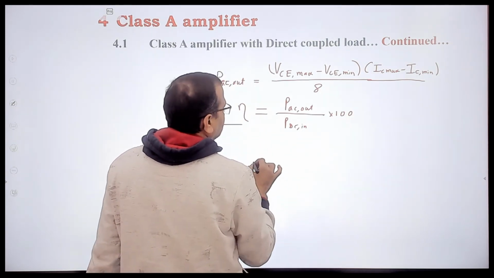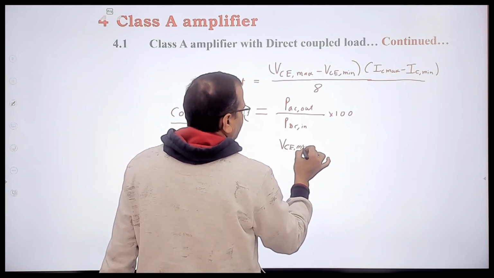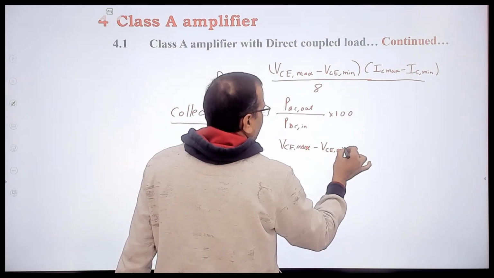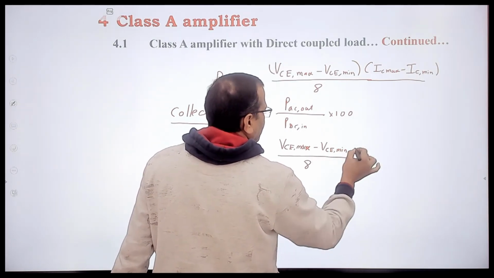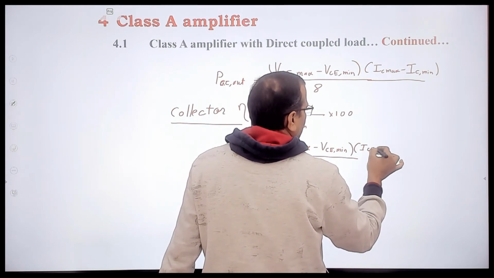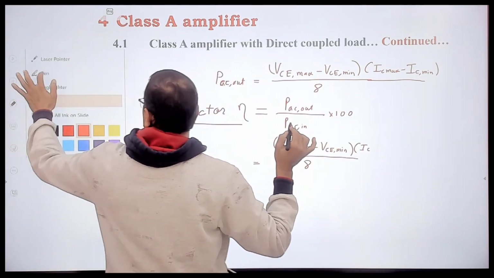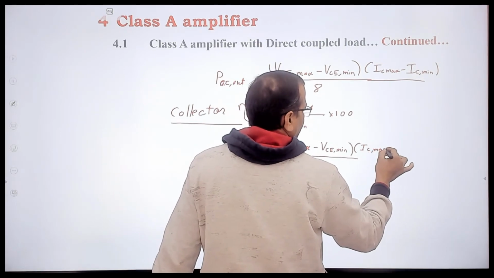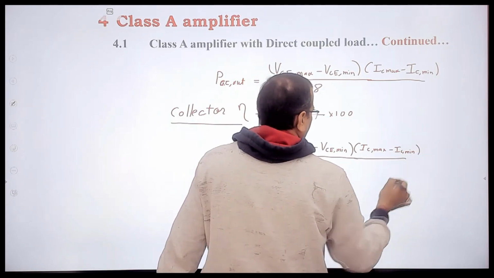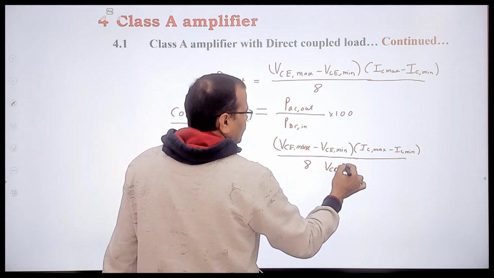So this gives V_CE maximum minus V_CE minimum, divided by 8, multiplied by I_C max minus I_C min, and divided by the DC input power, which is V_CC into I_C.